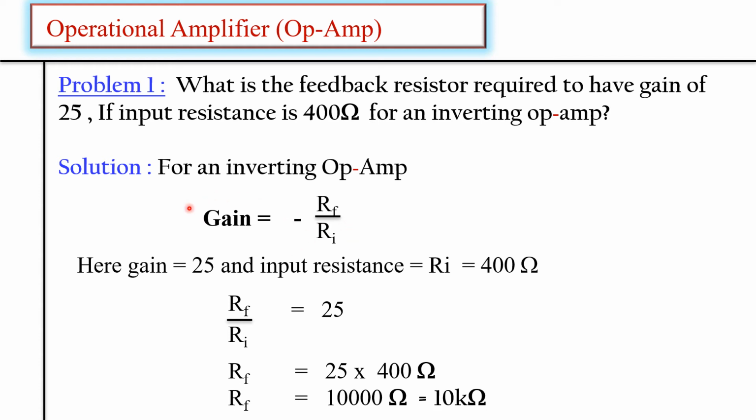Here gain is 25 and input resistance Ri is equal to 400 ohms. So Rf upon Ri is equal to 25. So Rf equals 25 into 400. That is nothing but 10,000 ohms or 10 kilo ohm. So Rf is equal to 10 kilo ohm, right?